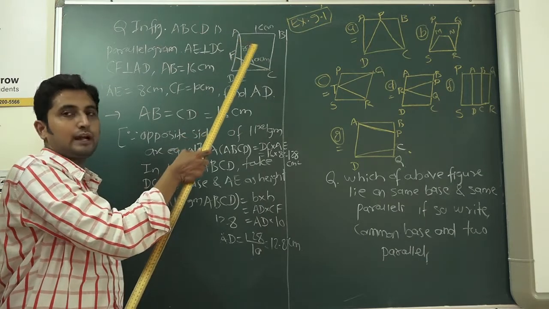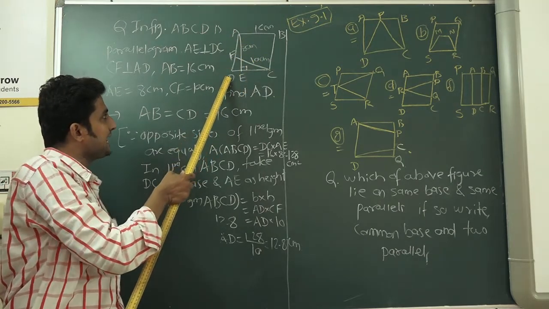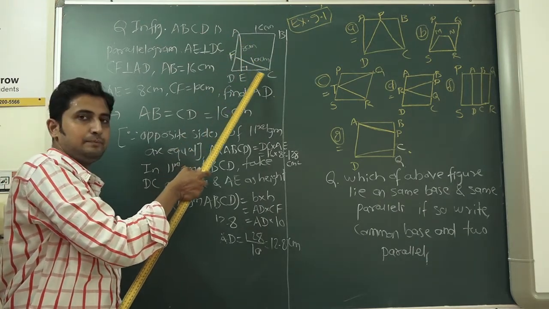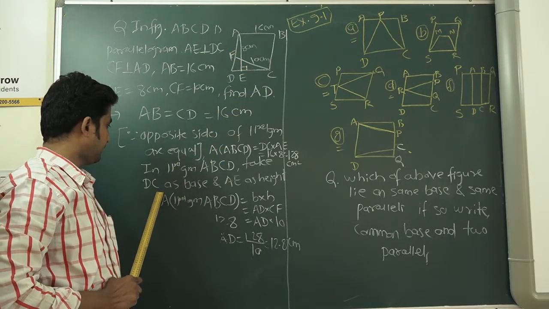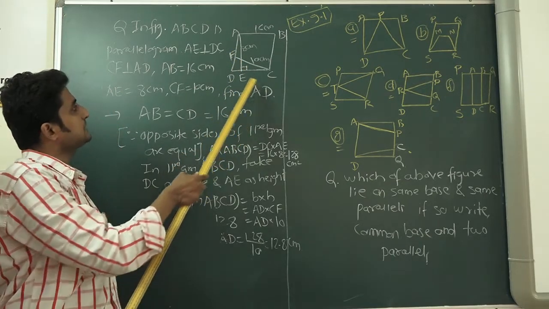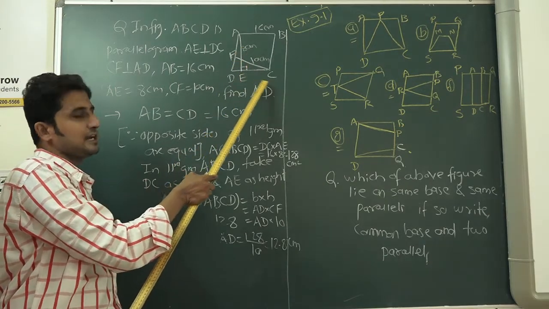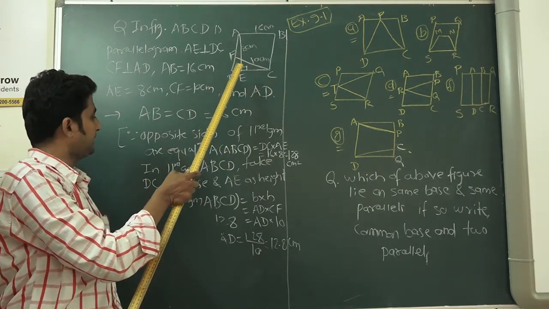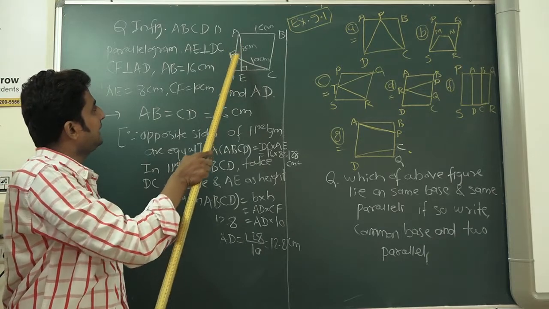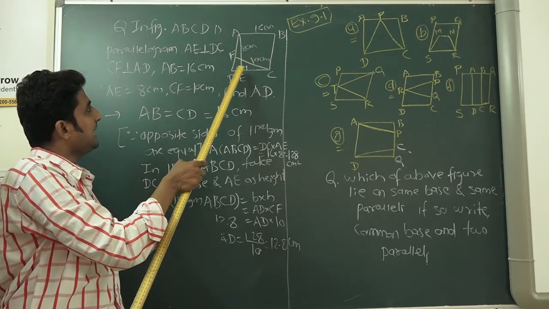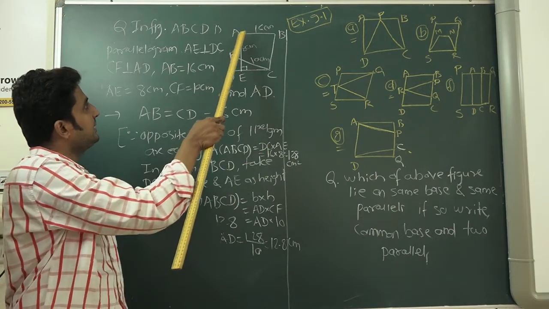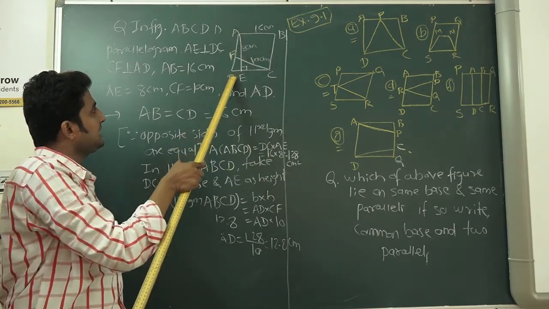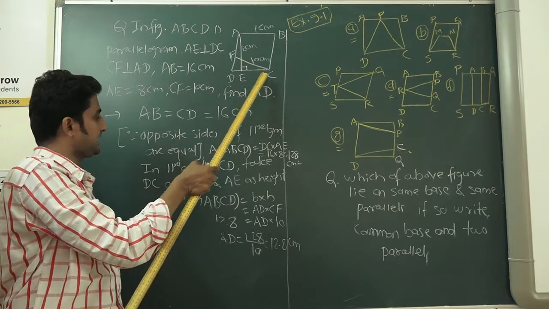In this parallelogram ABCD, can we treat AD as the base and CF as the height? If we do this, then look at this. In the first assumption, we treat DC as the base and AE as the height. Secondly, we treat AD as the base and CF as the height.